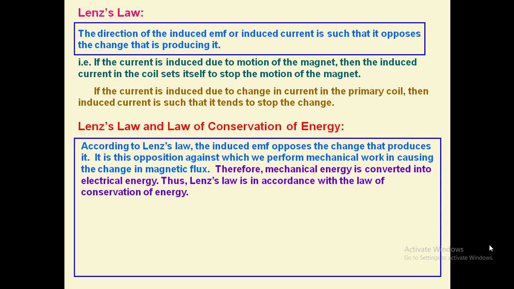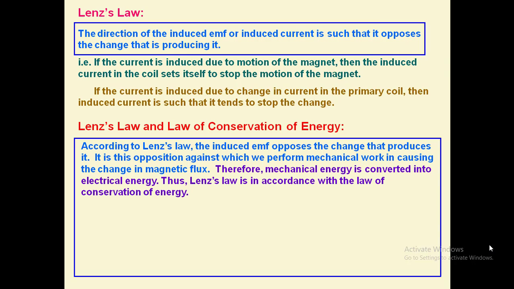According to Lenz's law, the induced EMF opposes the change that produced it. It is this opposition against which we perform mechanical work in causing the change in magnetic flux. Now here we are moving the magnet towards the coil. Whenever we are moving the magnet towards the solenoid coil, what will happen?